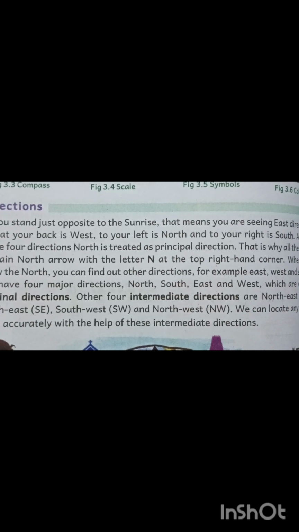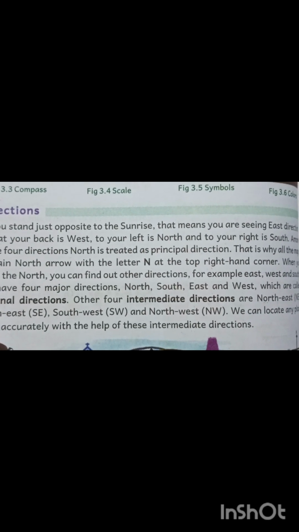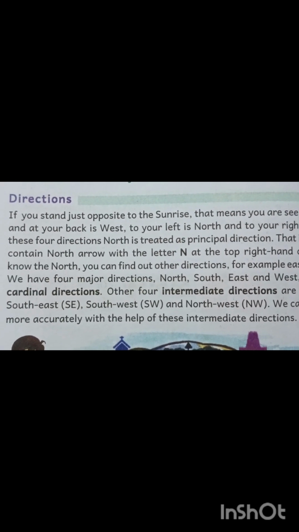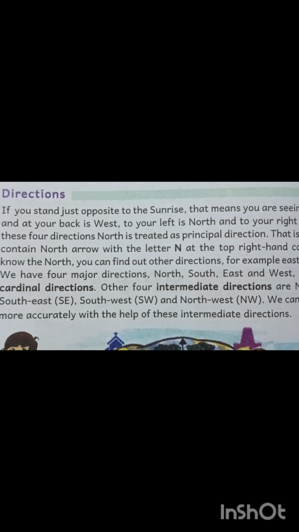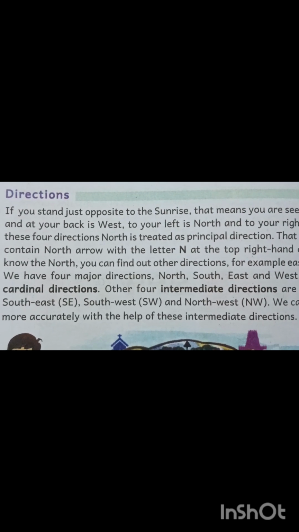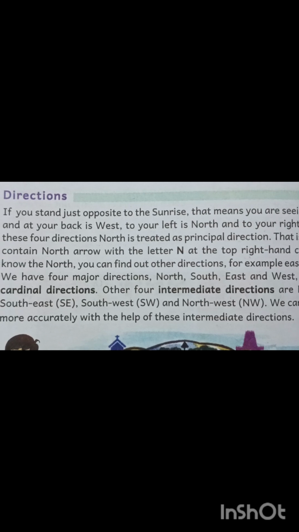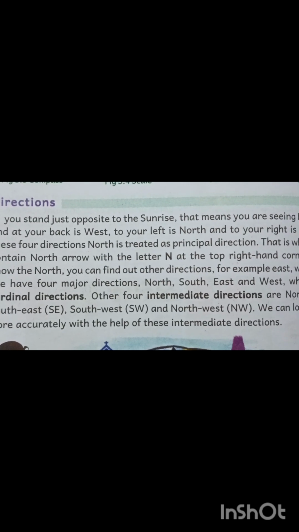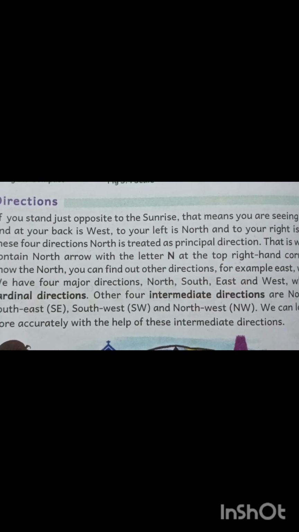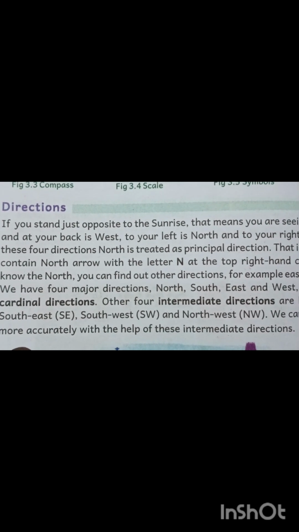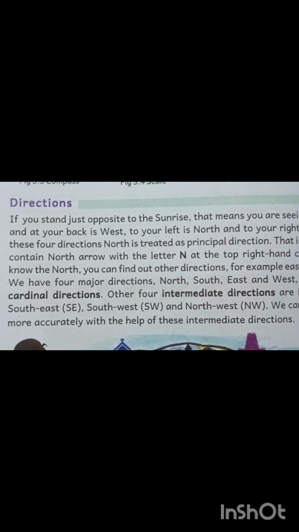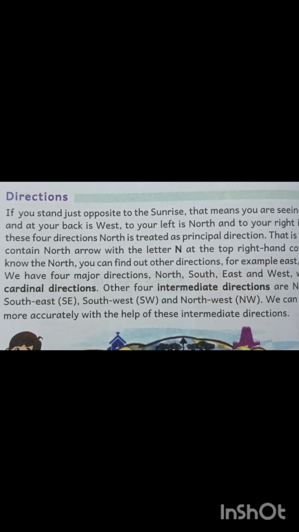Between the east and north is called northeast direction, and south and east called southeast direction. Between south and west direction called southwest, and north and west called northwest. So, in this way, we have totally 8 directions according to our map.